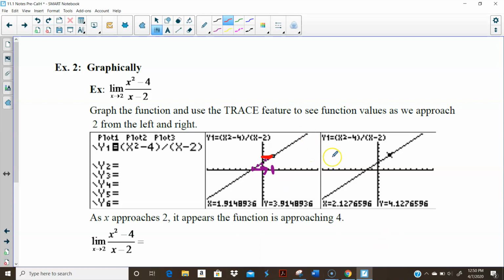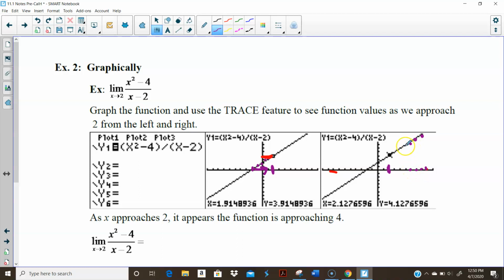And you can also see that from the other side. So from this side, here is x equals 2. And if we follow this function, when x is here, when x is here, f of x is up here. When x is here, f of x is up here.